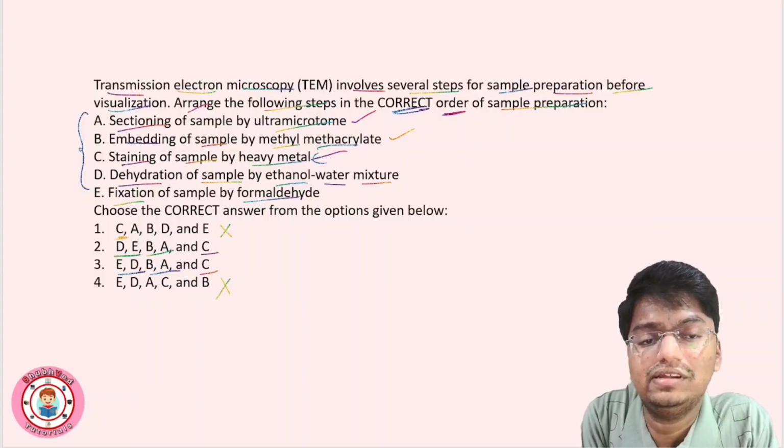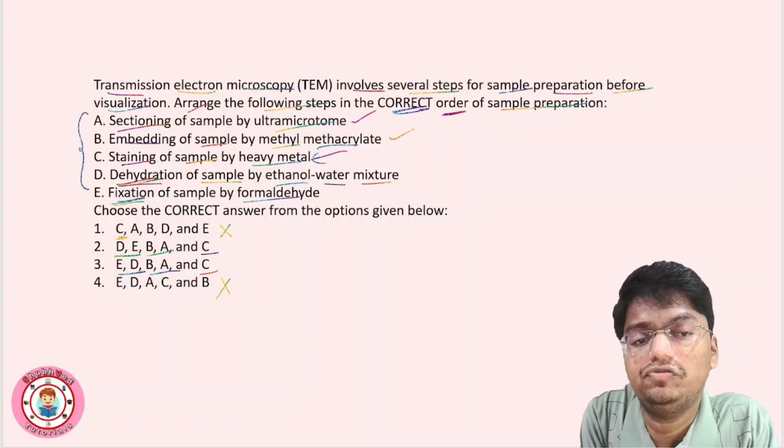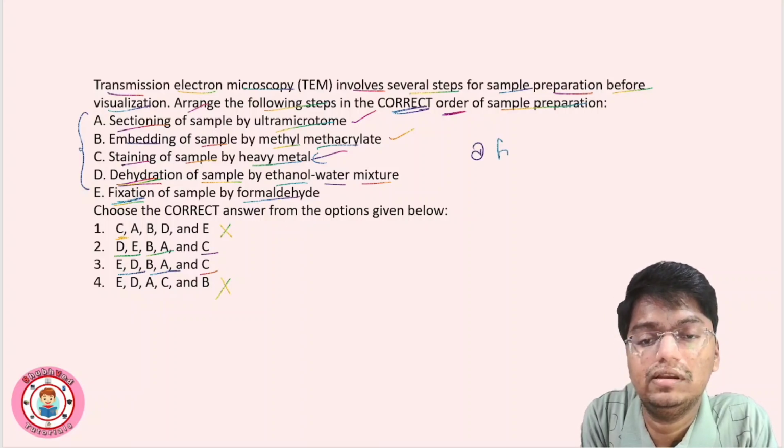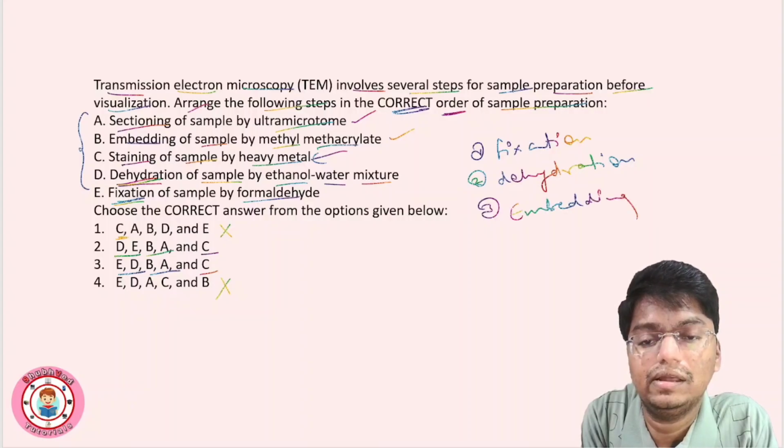D is dehydration and E is fixation. So first, fixation is important. First step is fixation, second dehydration, third embedding, fourth sectioning, and fifth staining.